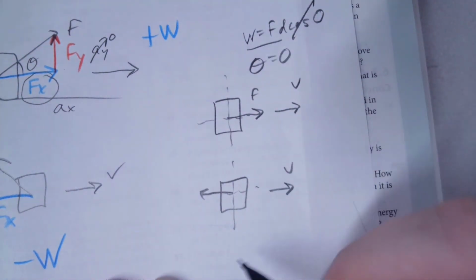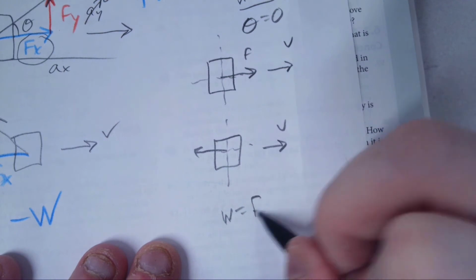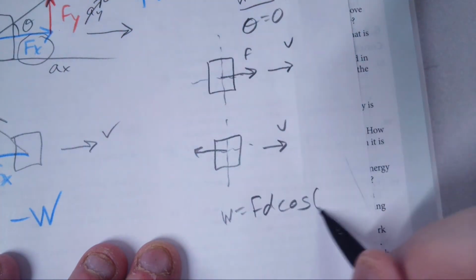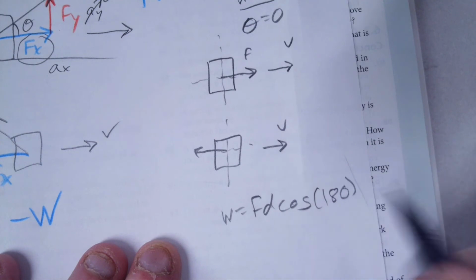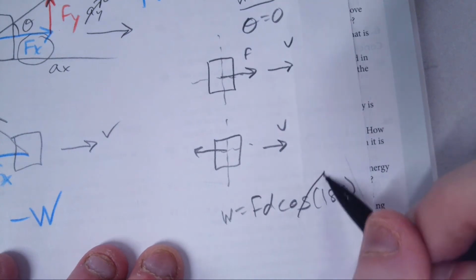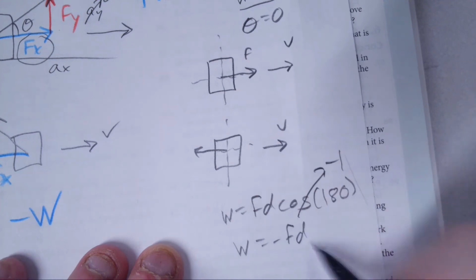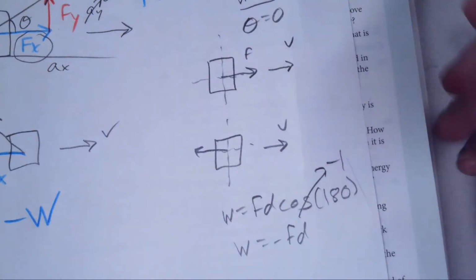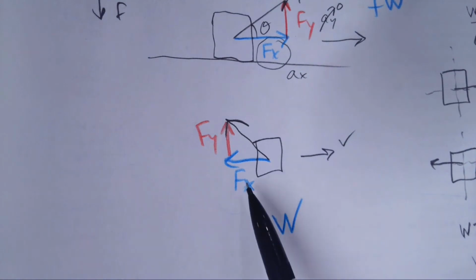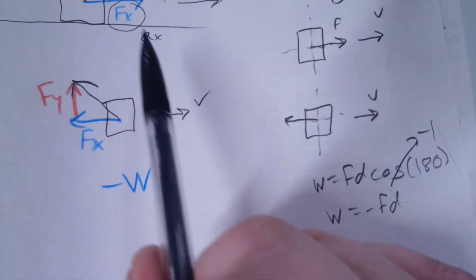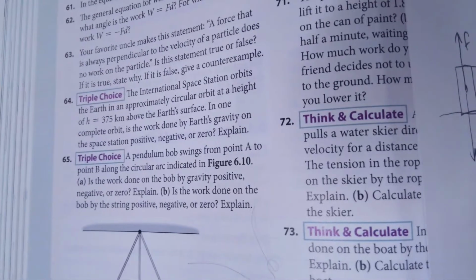Whereas this one down here is work equals FD cosine of 180. And cosine of 180 goes to -1, so we have work equals negative force times distance. So negative work, like we talked about in terms of F of x, is acting in the opposite direction. The angle is 180 degrees from the direction of travel, so that's what would give you a negative work.